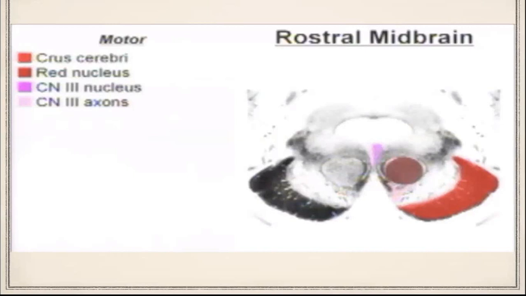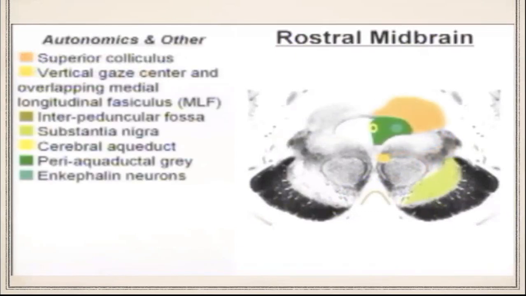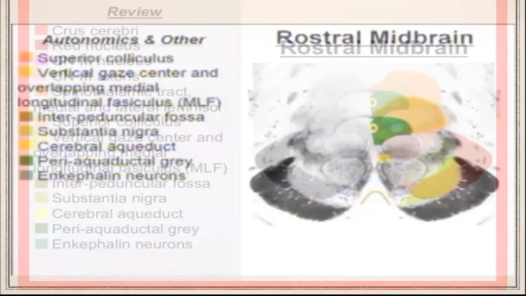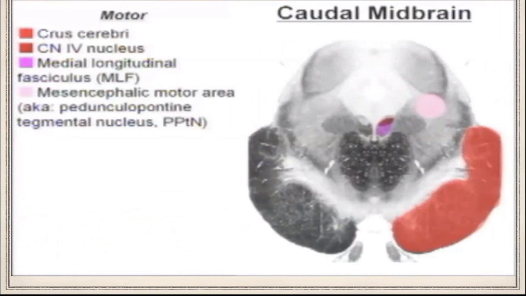Rostral midbrain. You can read on the left what's there. Motor, then sensory system, then autonomic and other systems. And you can then see, this is a summary of the rostral midbrain, how busy the slide is with the different colors. Next, caudal midbrain.